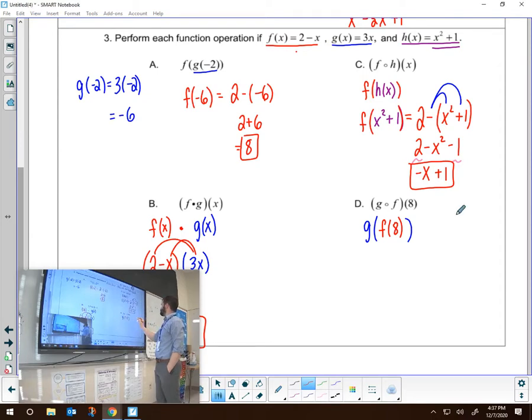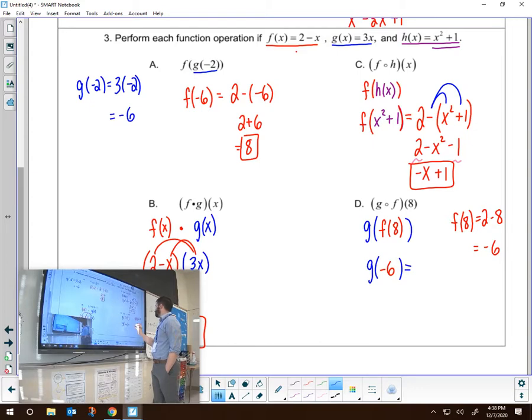So f of 8 equals 2 minus 8. 2 minus 8 is negative 6. Okay, that was easy enough. So now I'm just going to go g of, and instead of f of 8, we're going to have negative 6.